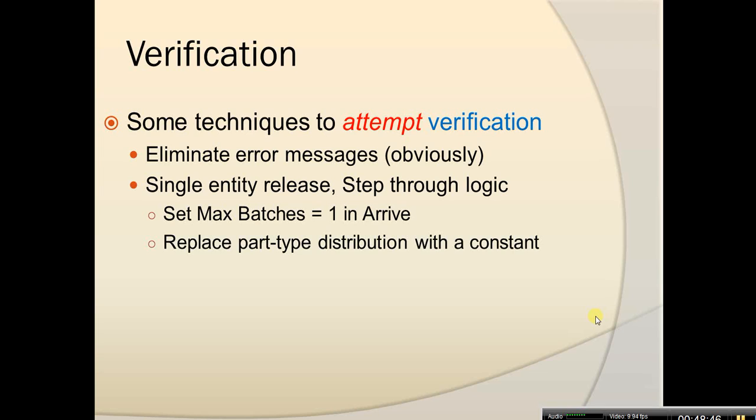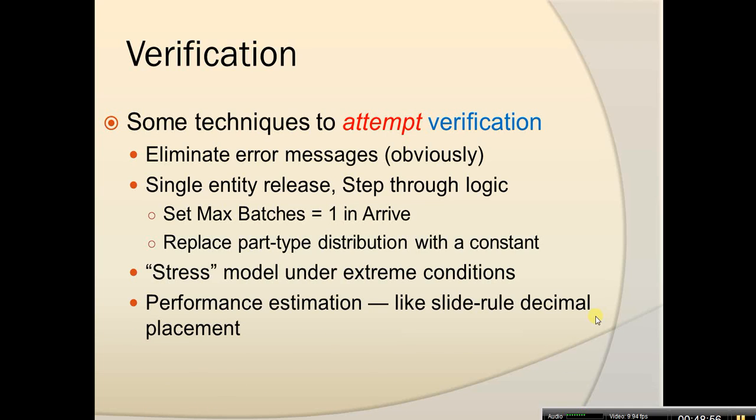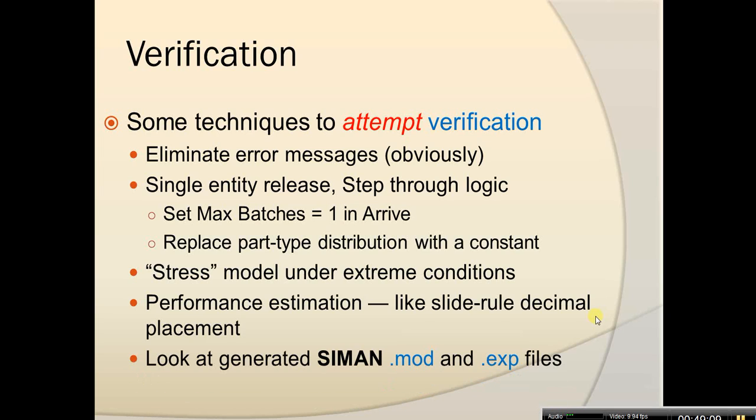That helps, because it is easier to compute things and see whether they are correct. You can also stress the model on extreme conditions. Another way to do verification is performance estimation, which is very similar to slide rule decimal placement. And then we can look at the generated Simon .mod and .experiment files.